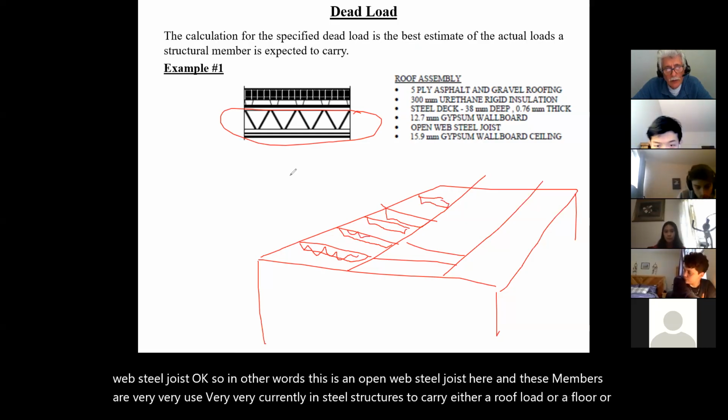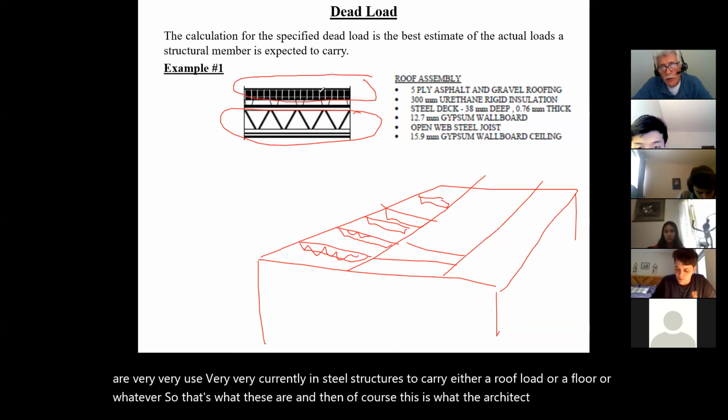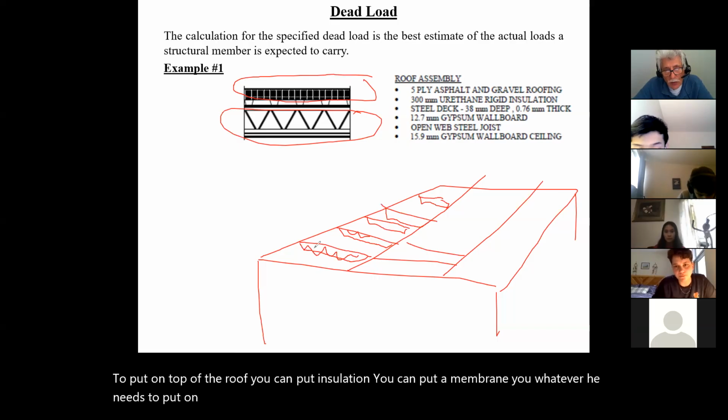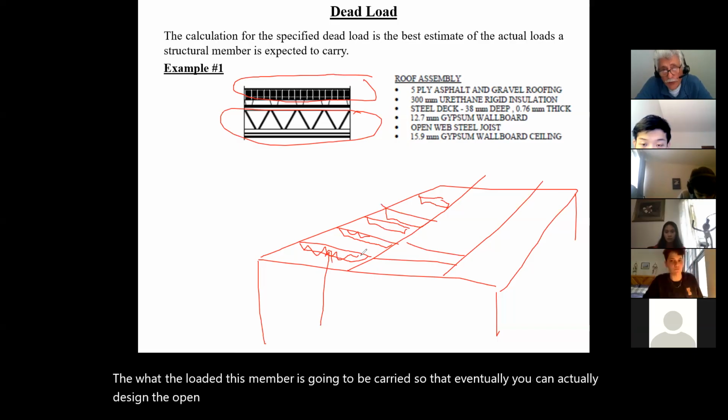And then, of course, this is what the architect decides to put on top of the roof. You can put insulation, you can put a membrane, whatever he needs to put on. And you as a designer will have to calculate the load that this member is going to be carrying, so that eventually you can design the open web steel joist to support that load.